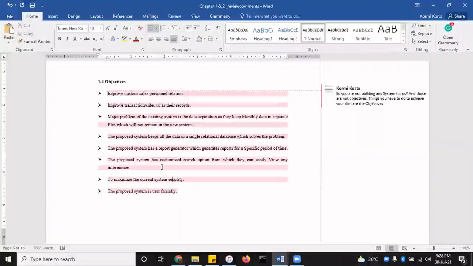No, sir. So, sir, I can say he's trying to say, let's say, to develop a system that will improve customers' sales personal relation. How are you going to do that? Yeah, but a system is big. If you want to improve the sales system, there has to be a unique design or a unique development that would improve the sales part.